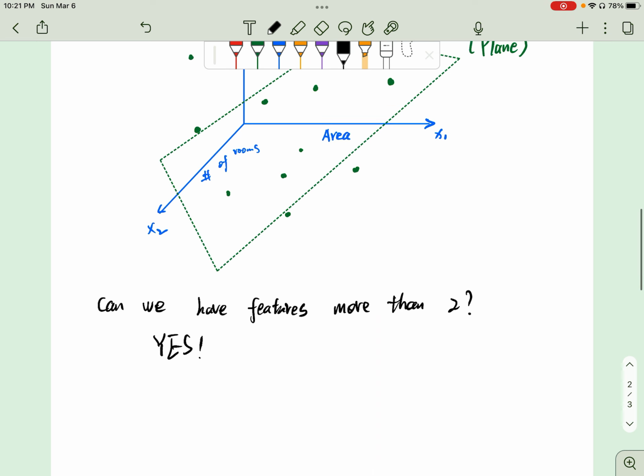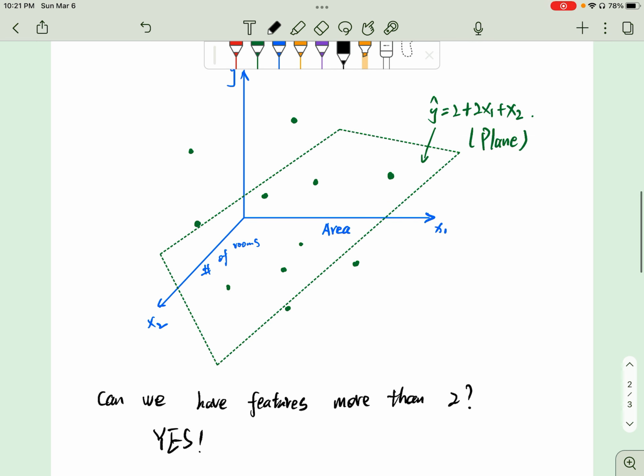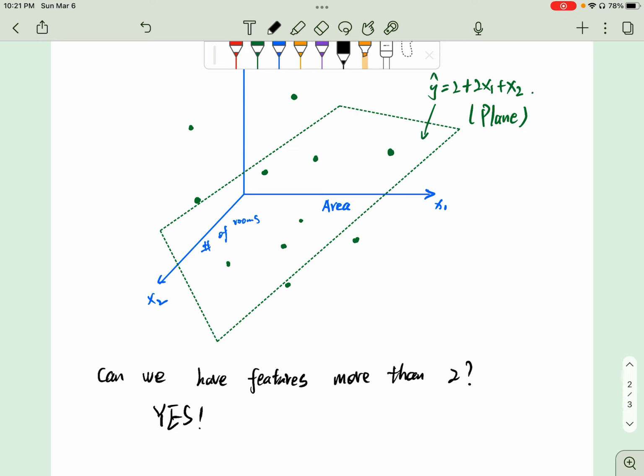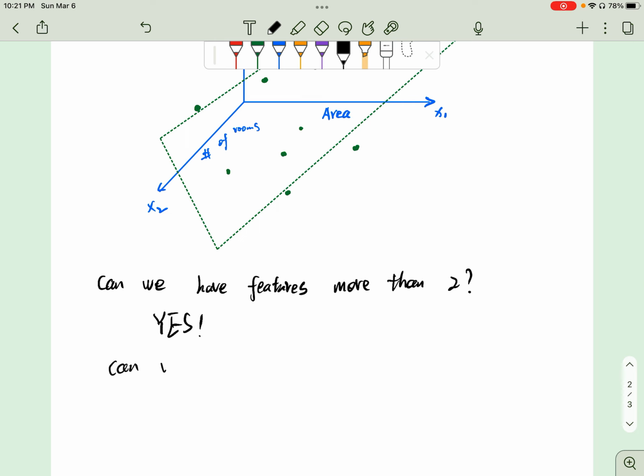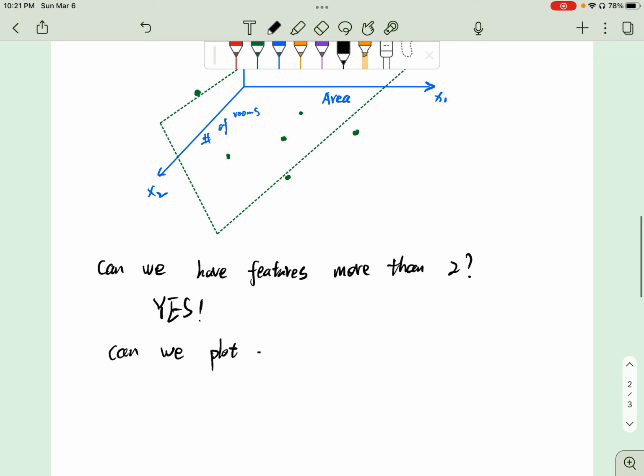But how will our prediction look like in, for example, 3 features? Can we visualize that? Can we plot the prediction when there are more than 2 features?